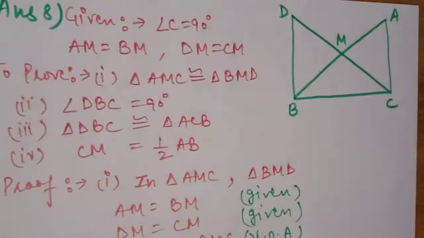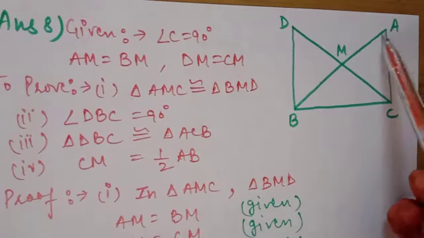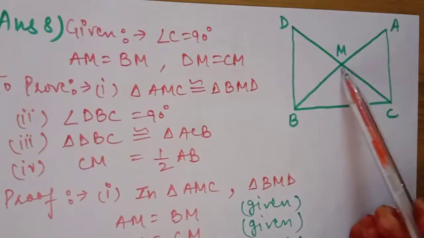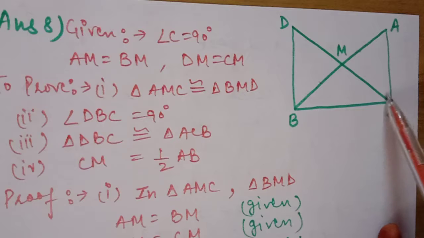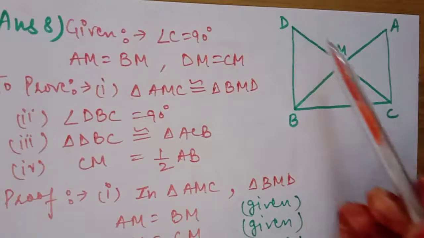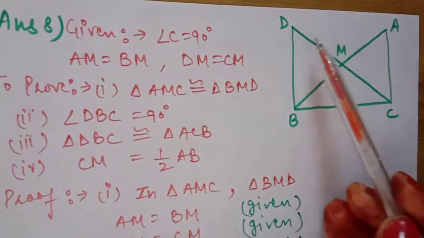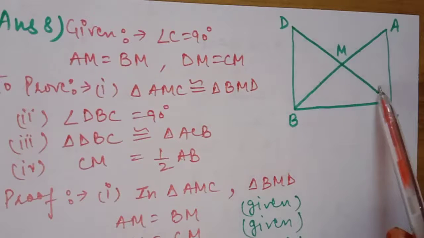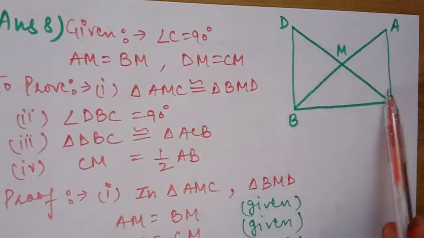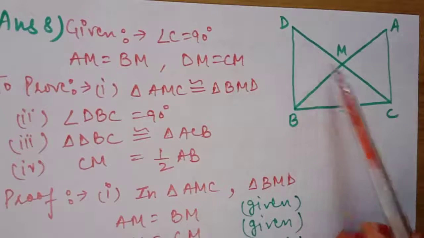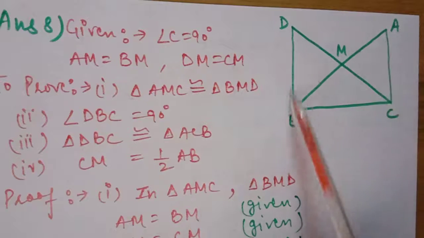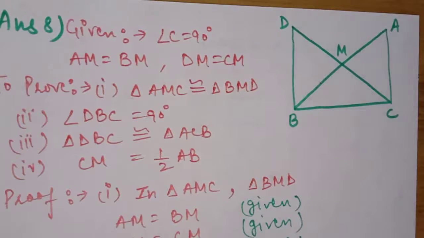So angle ACM and angle BDM are both equal to each other. They are corresponding parts. Check in the name of the triangles. They are equal by CPCT, and AC and DB are also equal to each other by CPCT. We will take these two terms.